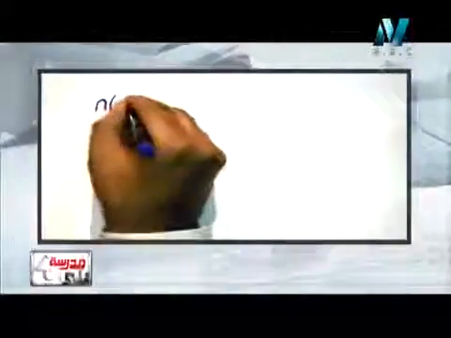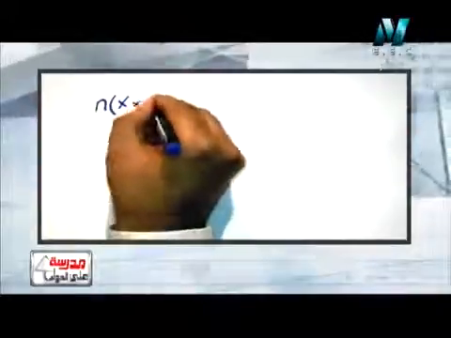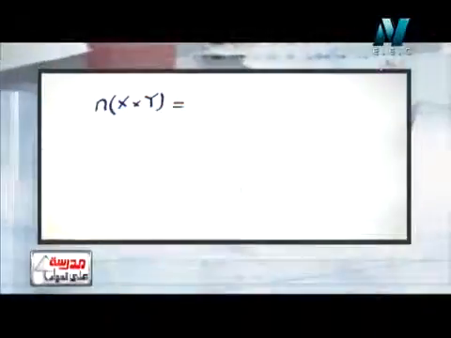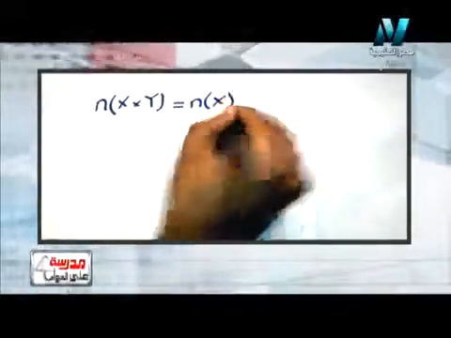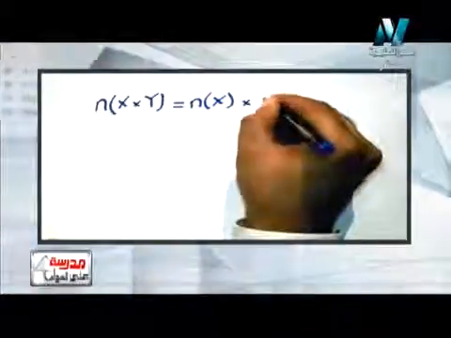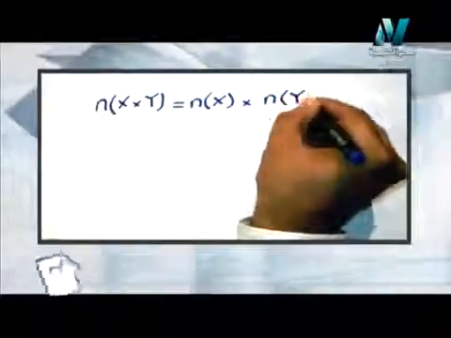In other words, if I have two sets x and y, then n of x product y is given by the number of elements of x multiplied by the number of elements of y.